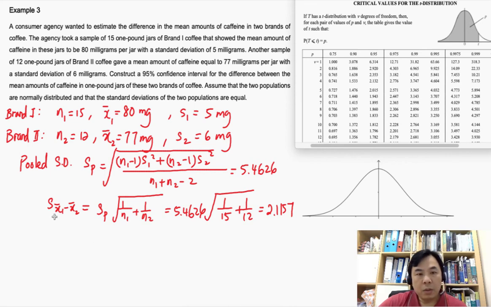And then once we are done with this, the next thing we are going to work out is the confidence interval, the 95% confidence interval. I'm going to write down the formula first. The formula will be this.